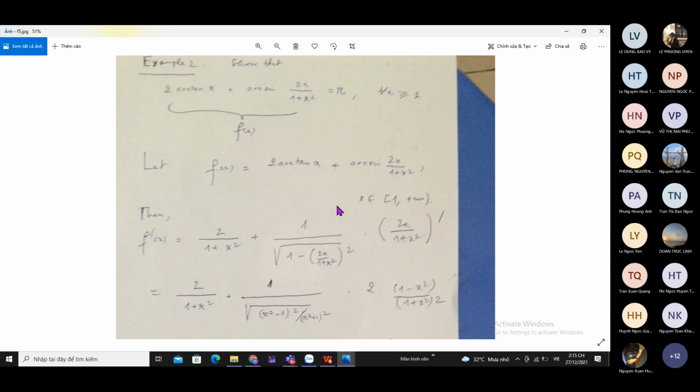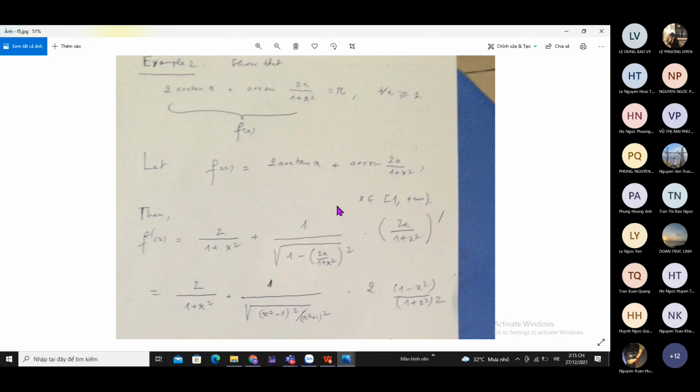It's step 1. Okay? All right. Now, the derivative of tan inverse of x gives you 1 over 1 plus x squared. That's why you get the first term, 2 over 1 plus x squared.